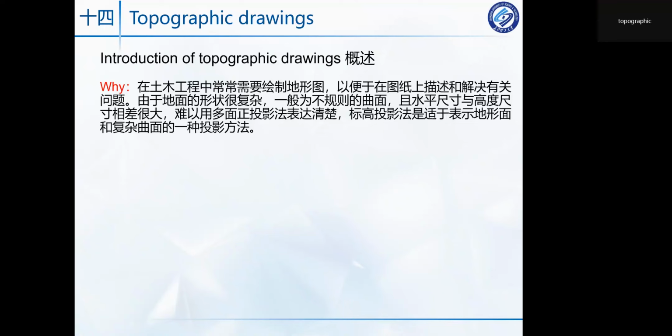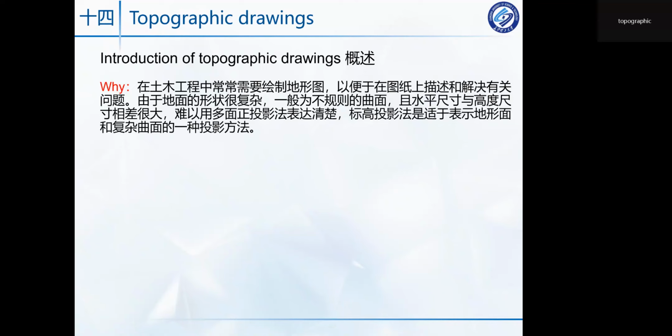In civil engineering, it's often necessary to draw topography maps, so that we can describe and solve the related problems on the drawings. Because the shape of the ground is very complex, there are many mountains, many rivers, and so on.